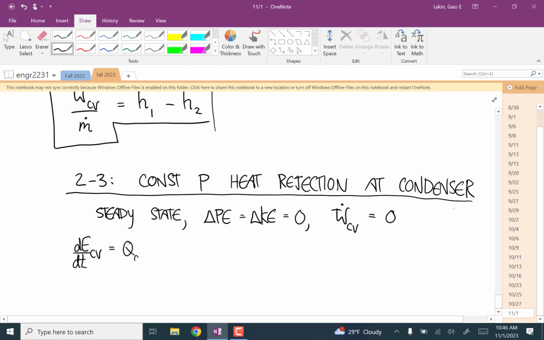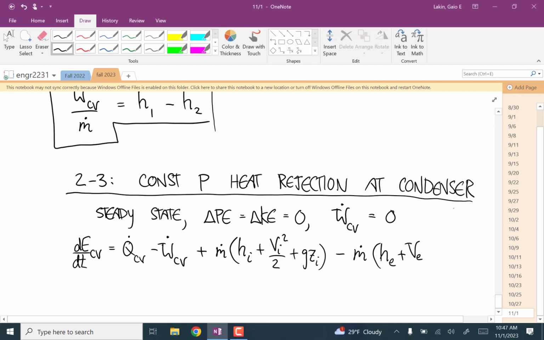So dE dt is equal to Q dot minus W dot plus m dot times the quantity h_i plus V_i squared over 2 plus g z_i, minus m dot times h_e plus V_e squared over 2 plus g z_e.